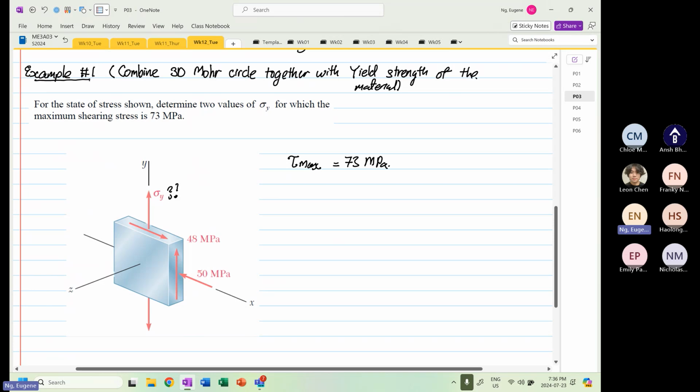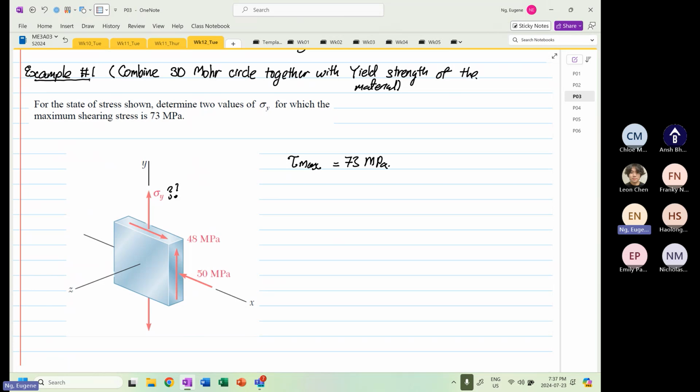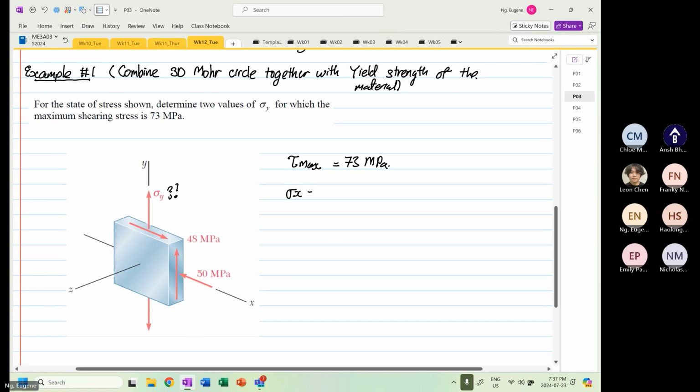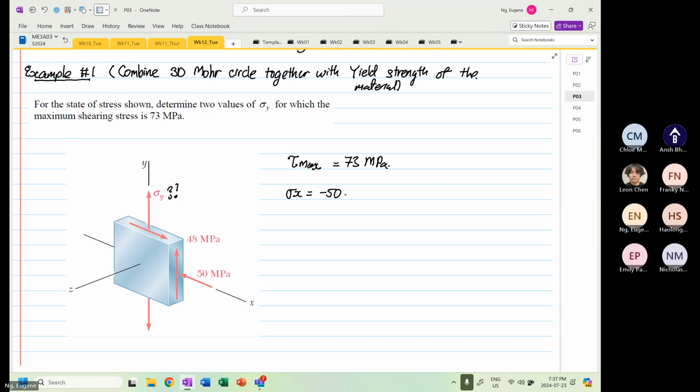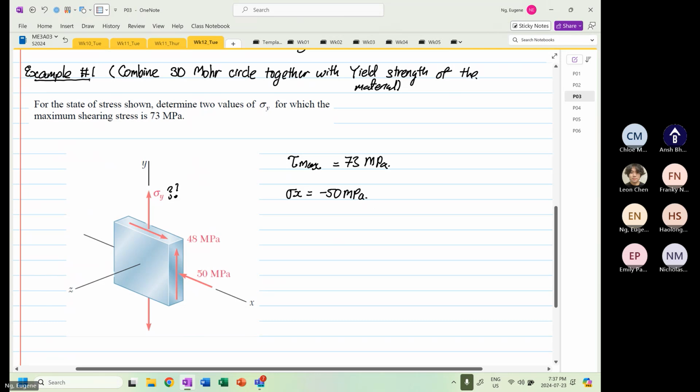And from this diagram, as you can see, based on the transformation, we know that stress X is equal to minus 50 megapascal. We know that the shear XY is equal to the shear YX, and this is equal to positive 48 megapascal.